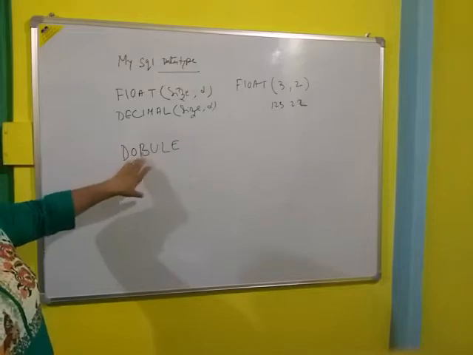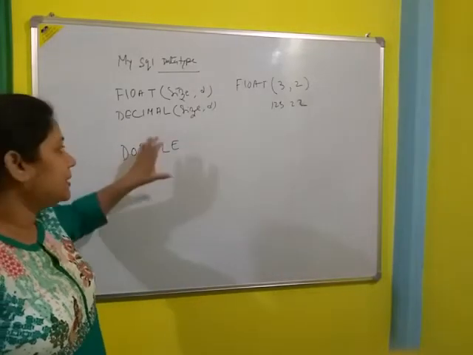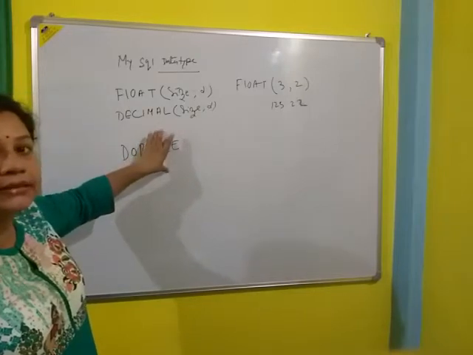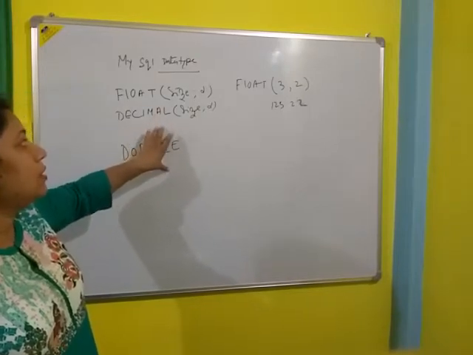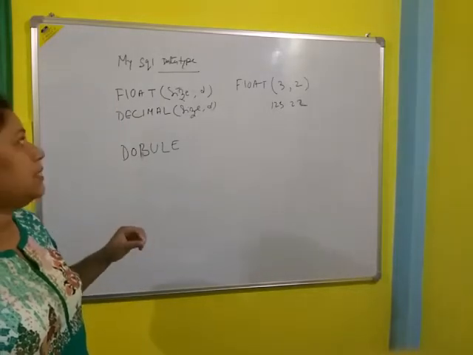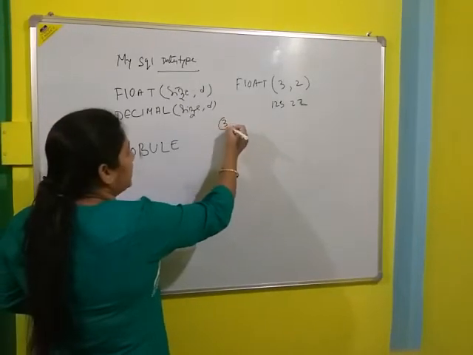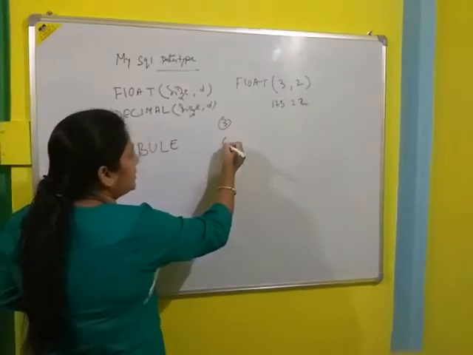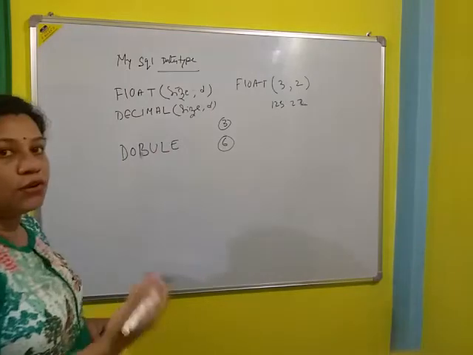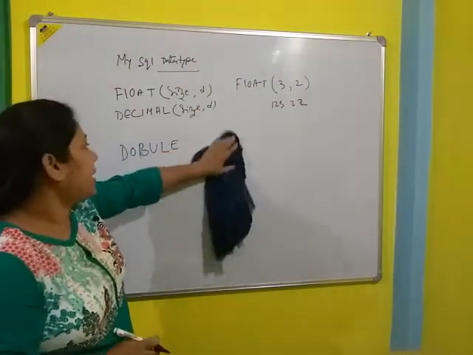That means double is also going to enter decimal point numbers, but it is going to enter double of the float data type. That means if float can enter only 3 numbers, then double is going to enter 6 numbers in the field.